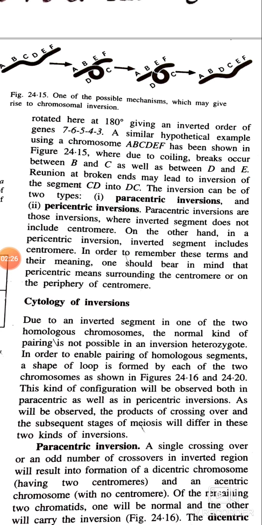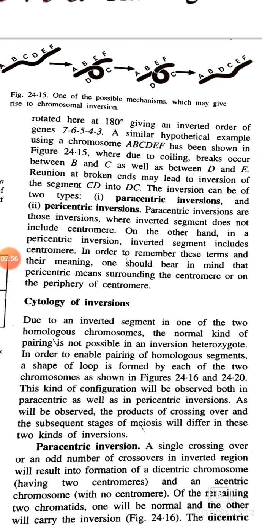Now, the cytology of inversions. Due to an inverted segment in one of the two homologous chromosomes, the normal kind of pairing is not possible in an inversion heterozygote. In order to enable pairing of homologous segments, a loop is formed by each of the two chromosomes.